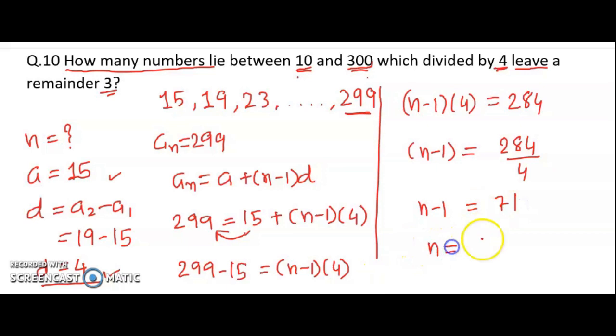So here N will be equal to, this minus 1 becomes plus 1, so 71 plus 1. So we get N equal to 72. So the answer is N equal to 72. There will be a total of 72 numbers between 10 and 300 which when divided by 4 leave the remainder 3.